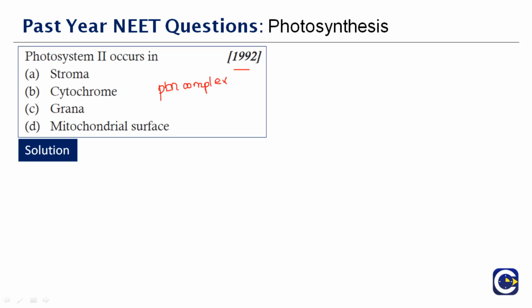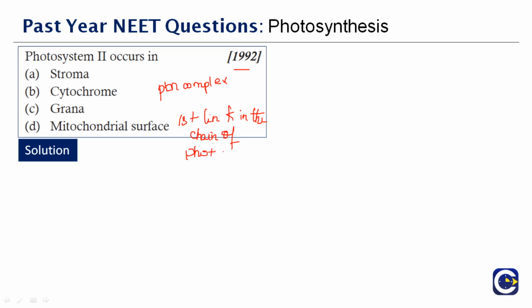So what happens in photosystem 2? That is very important. It is the first link in the chain of photosynthesis.